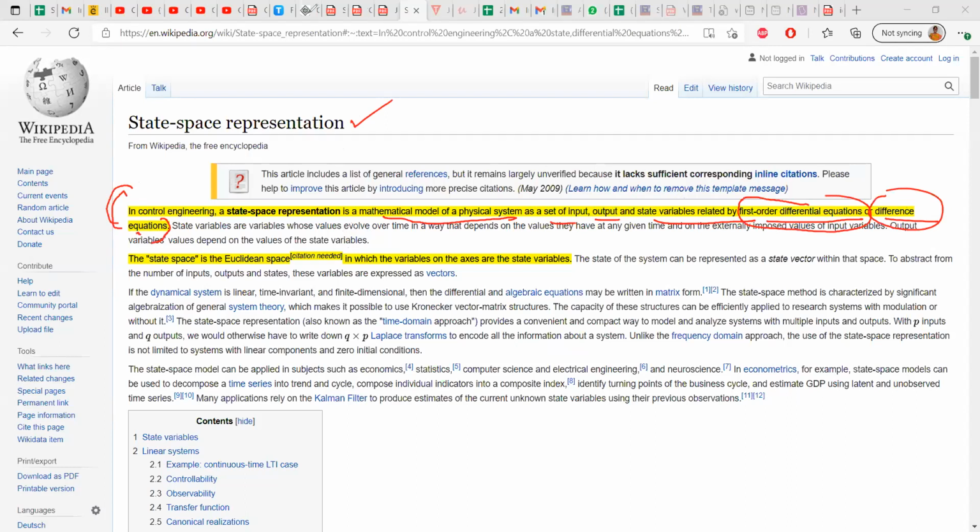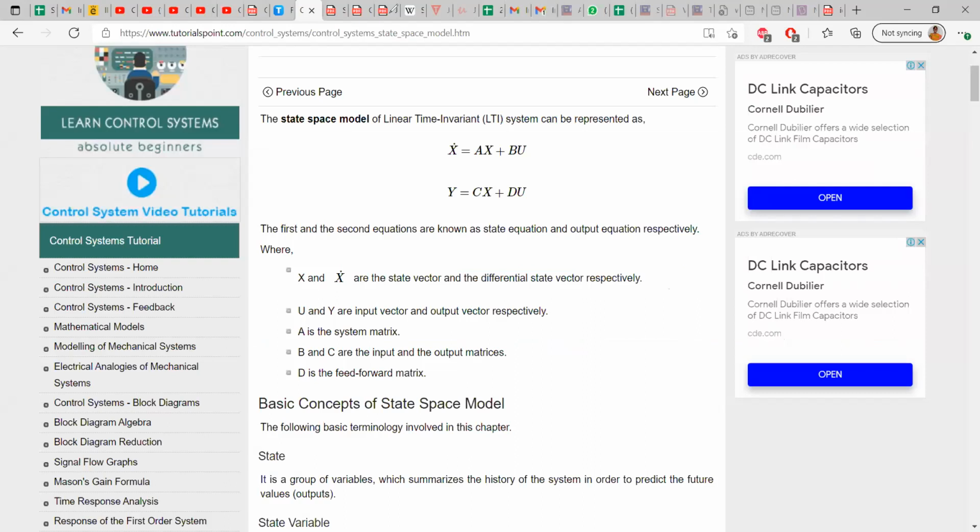So if you observe here, it is the representation of the state space model with the system matrix, input matrix, output matrix, and feed forward matrix.